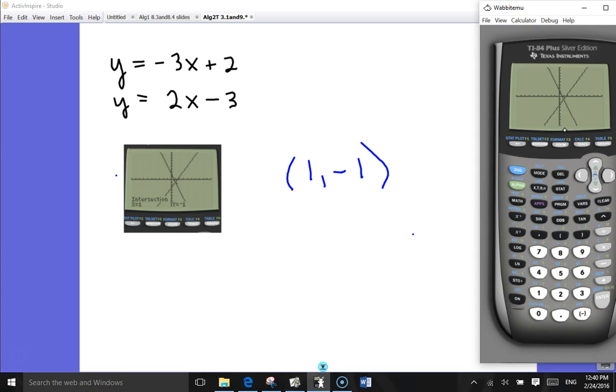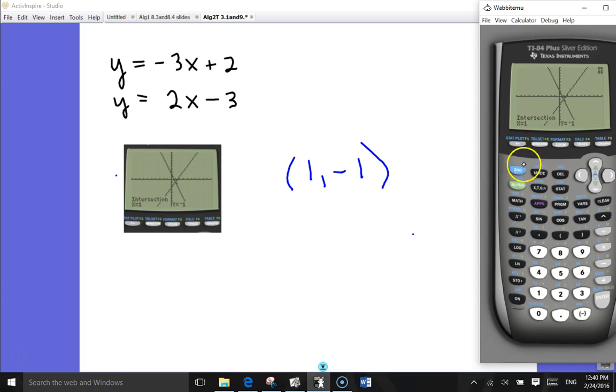Okay, and now I'll do my second, trace 5, enter, enter, enter. And the intersection point, you see the cursor is on the intersection point right there, and it says 1, negative 1. Now, if I go through those steps more slowly, we'll see exactly what's going on with the calculator.